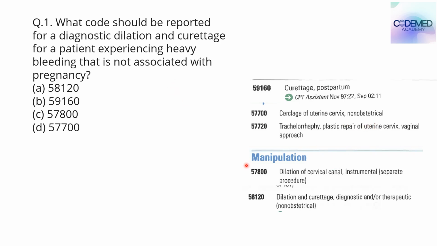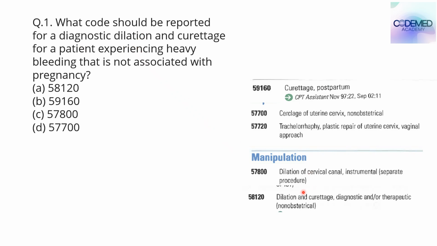So these are the options. Now if we see 59160, it is postpartum, and the lady is not pregnant, so that is a clue that 59160 is not the right code. 57800 is about the dilation, but it is instrumental. That means they have done a certain surgical procedure, and ours is diagnostic.